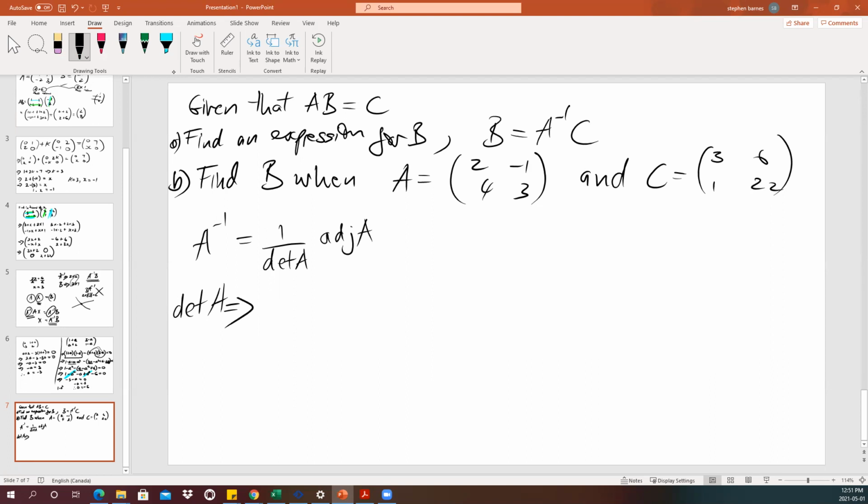The determinant of A is the product of the diagonal minus the product of the other diagonal.